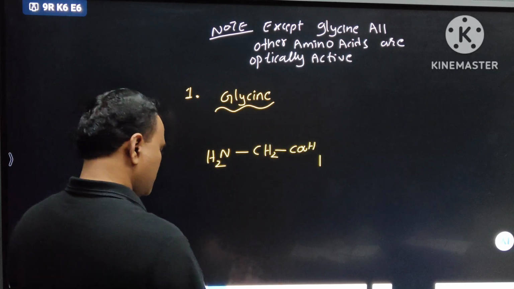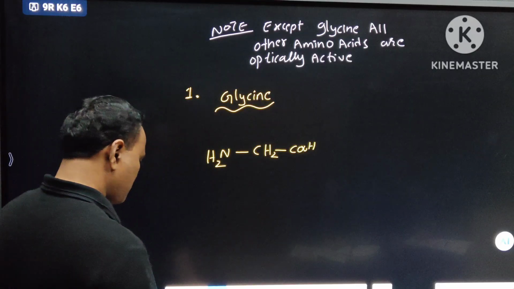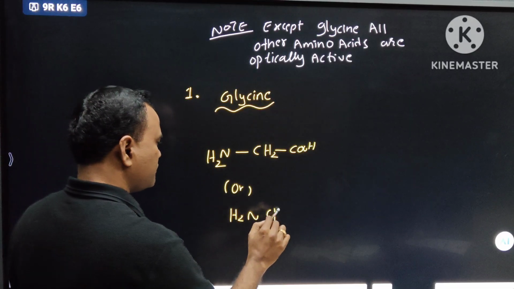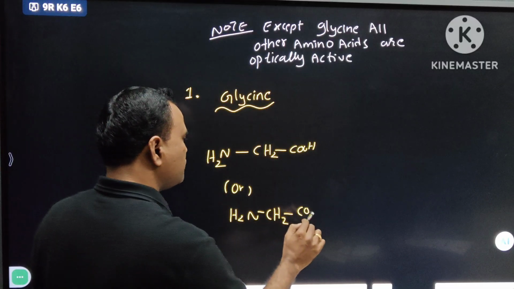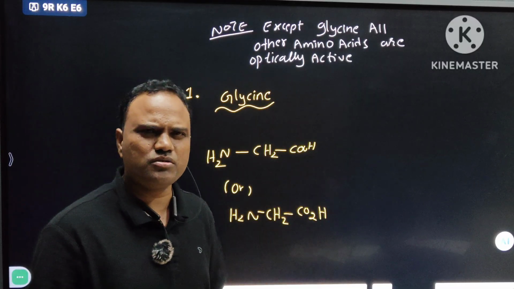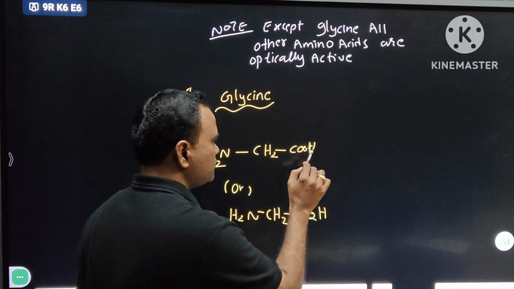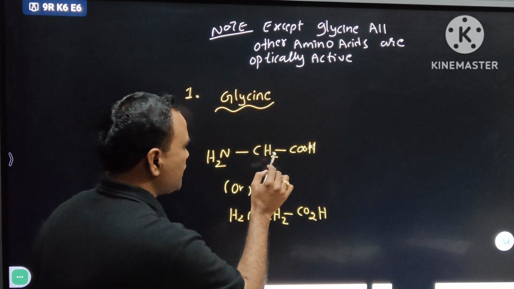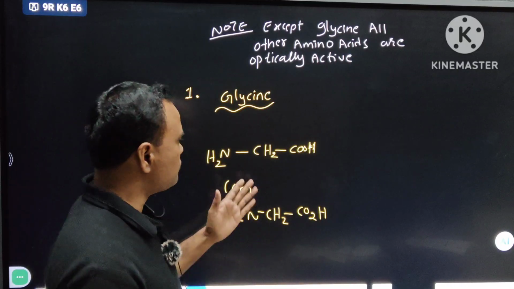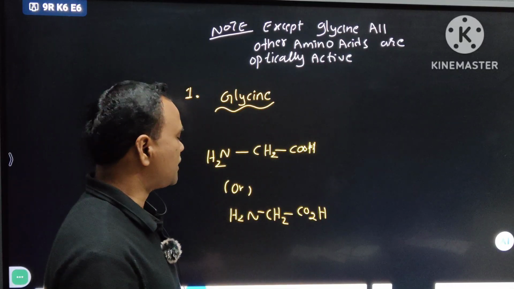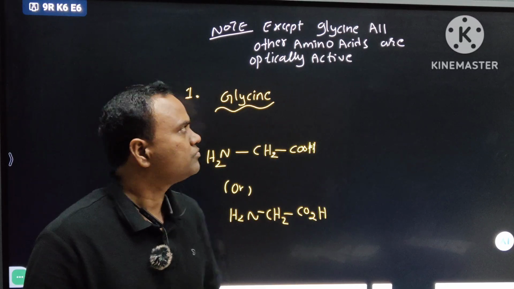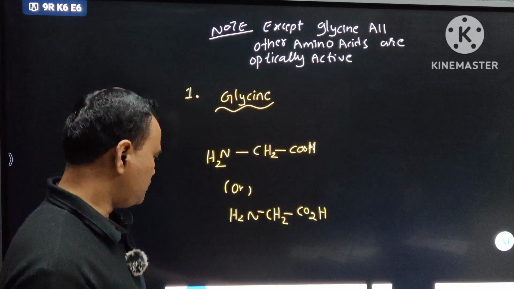NH2 is on the left hand side, imagine it like that. You can write it like this also: NH2 CH2 CO2H. CO2H means COOH only. Is there any chiral center in this? No. A chiral center is not present, so it is optically inactive. This is a simple amino acid. Glycine.